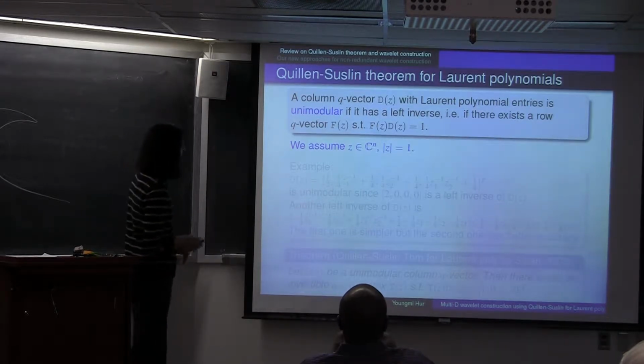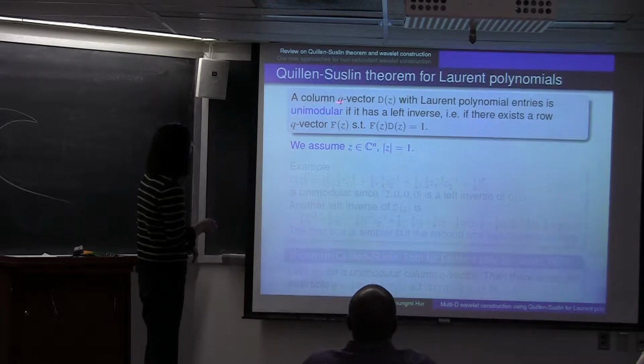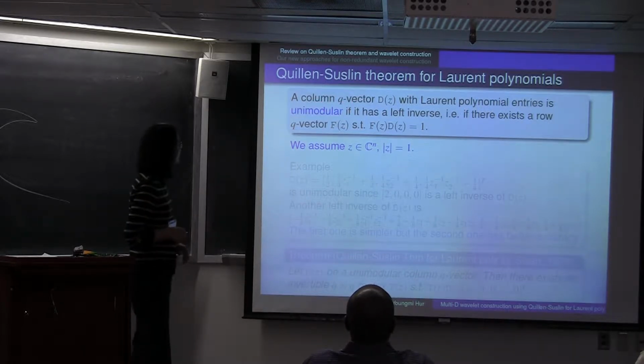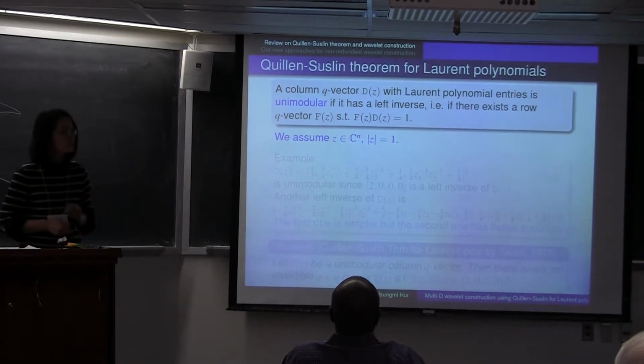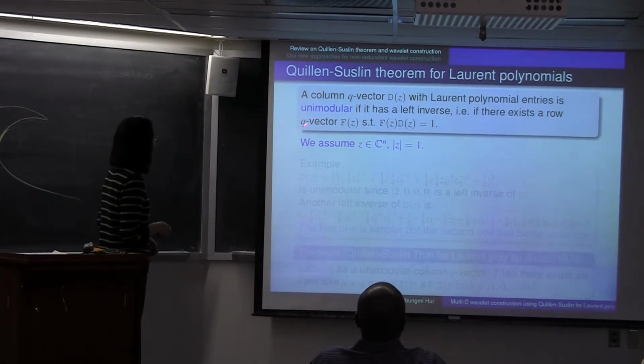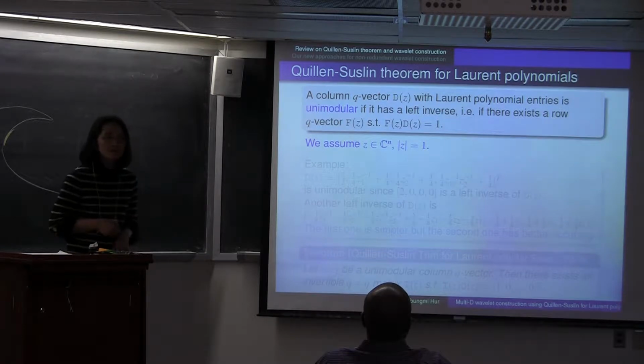I will start with the definition of unimodular. Depending on your background, this could be a review or this could be the first time you see this. A column vector is called unimodular if it has a left inverse.